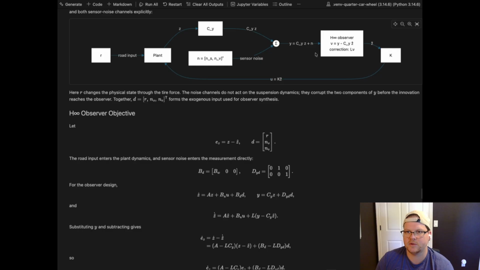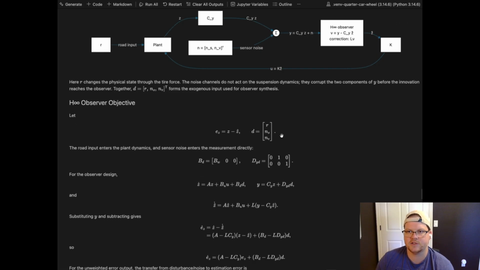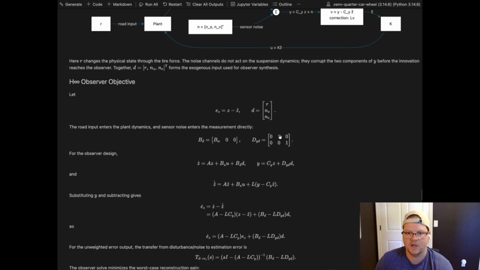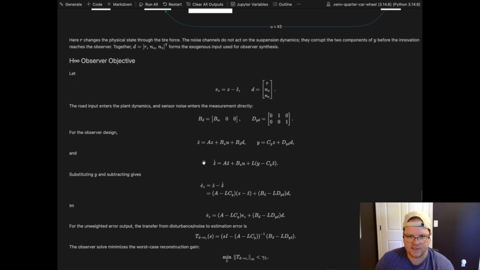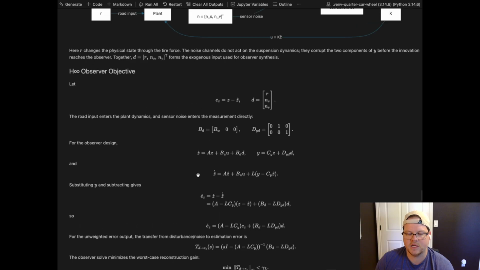And that is from, so this was our CYZ plus N. This is new, or eta, new, Y minus CYZ hat here. So that's what the Luenberger observer is acting on to produce a Z hat. And that Z hat, if you remember, is what's actually going to be acted upon on K because there's no reference, right? It's just disturbance rejection at this point. Cool. So that's our Z hat dot now.